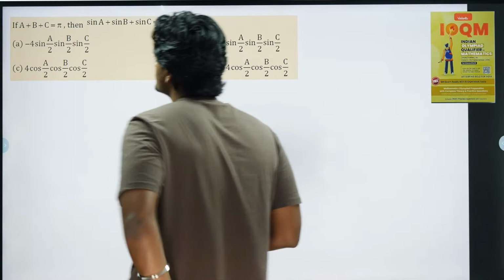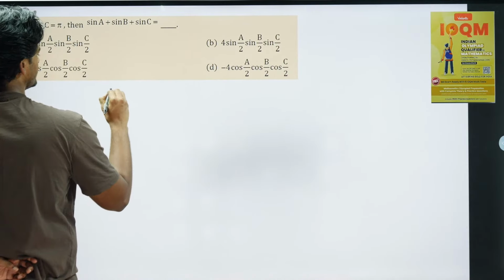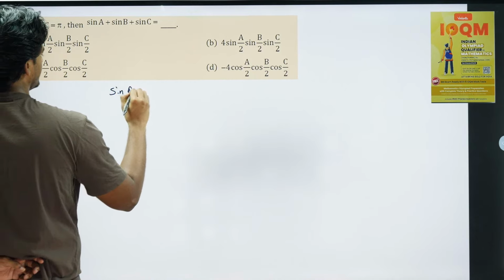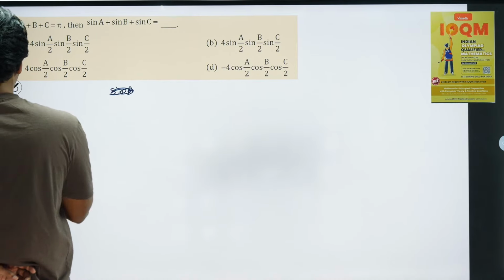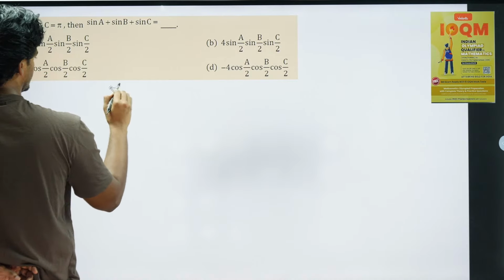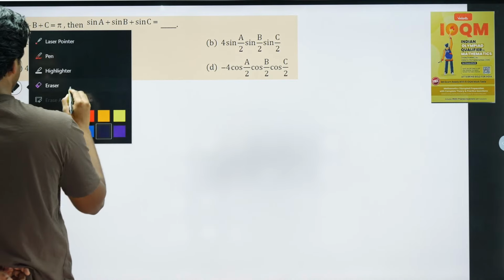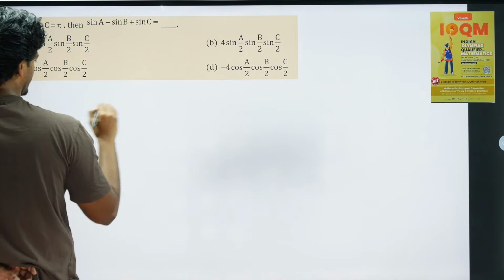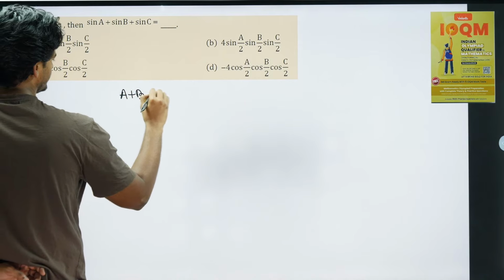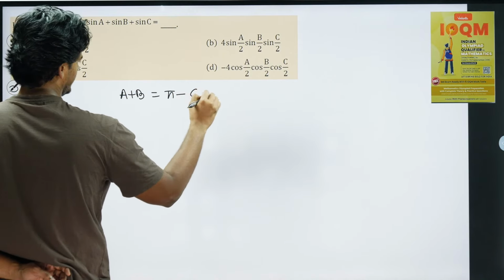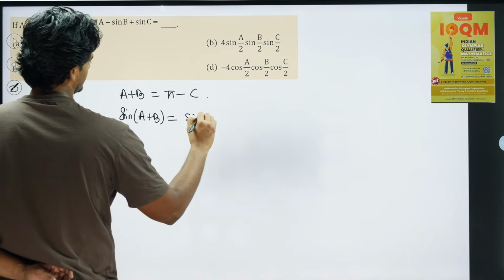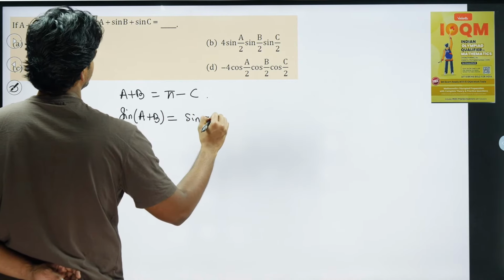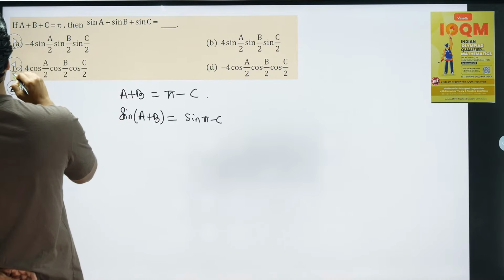Again, we will start with sine A. Sorry. A plus B is equal to pi minus C. So sine A plus B, oh no, what am I doing?